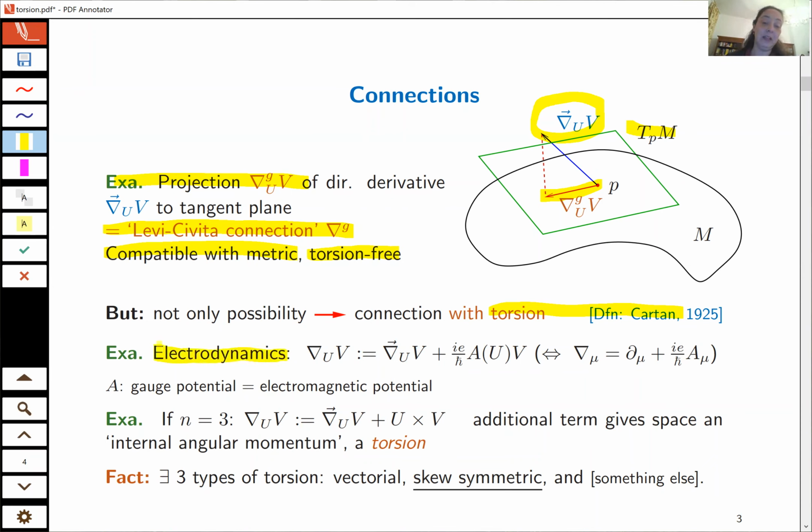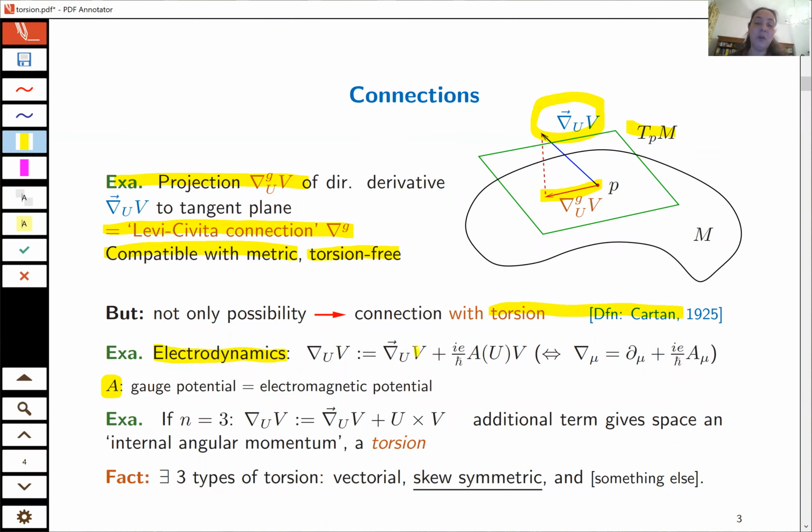So in theoretical electrodynamics, there comes a moment where a gauge potential, which is just a one form, is introduced, and people just tell you you need to replace your normal partial derivatives by something new.